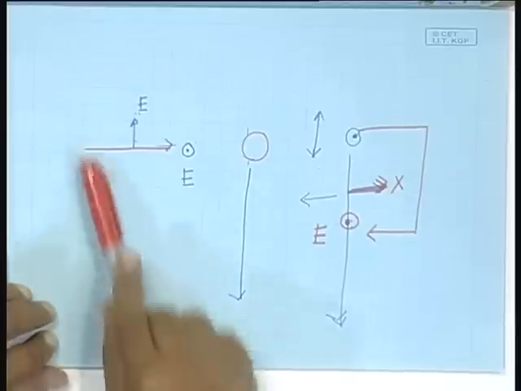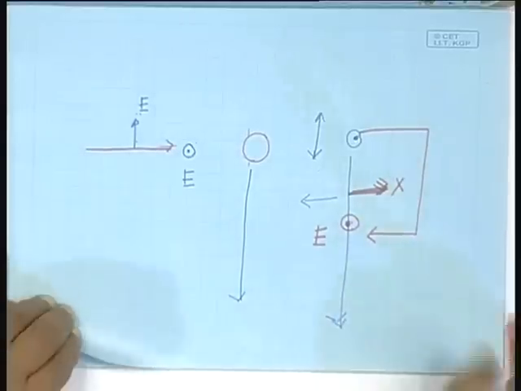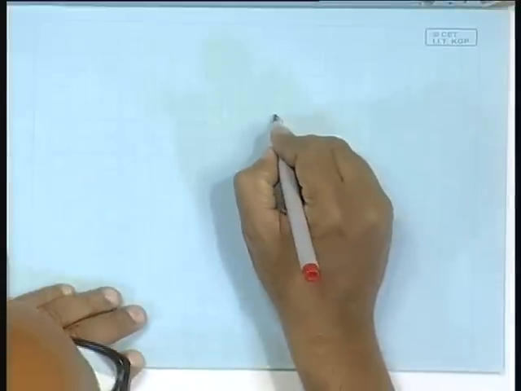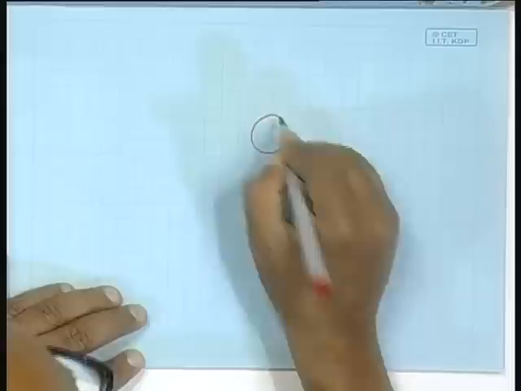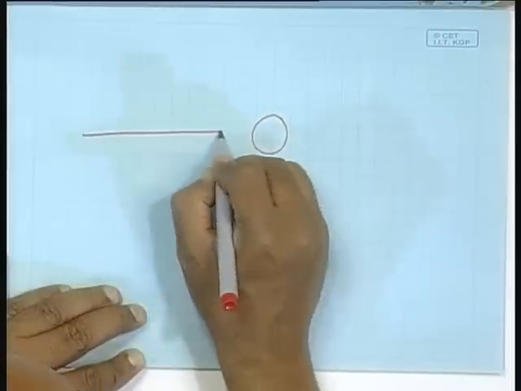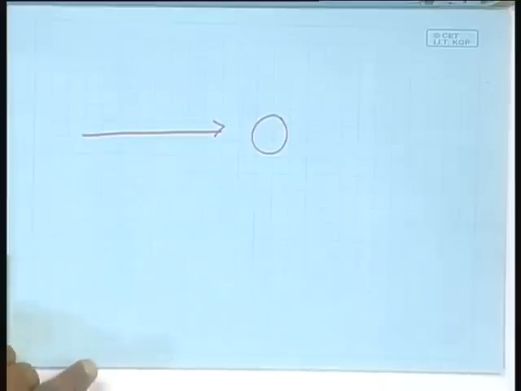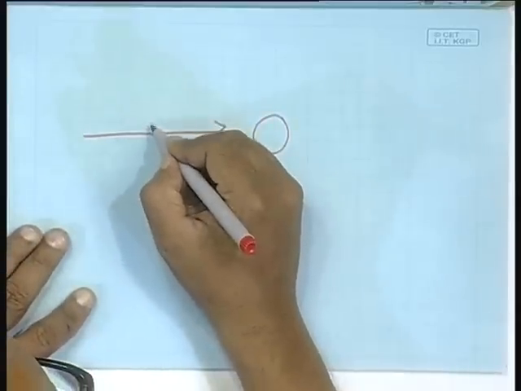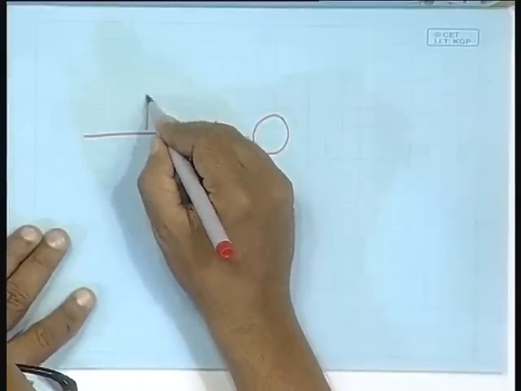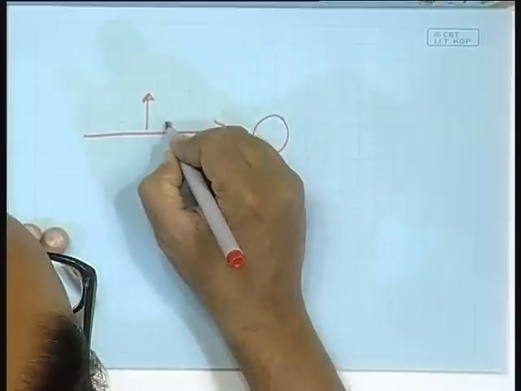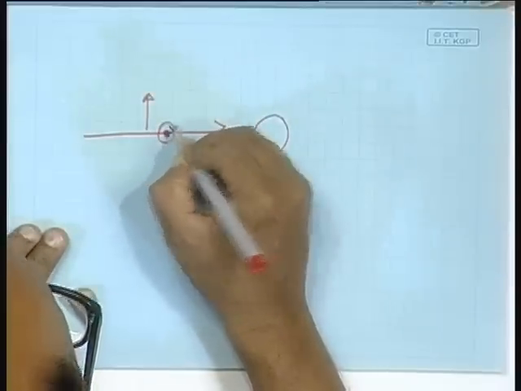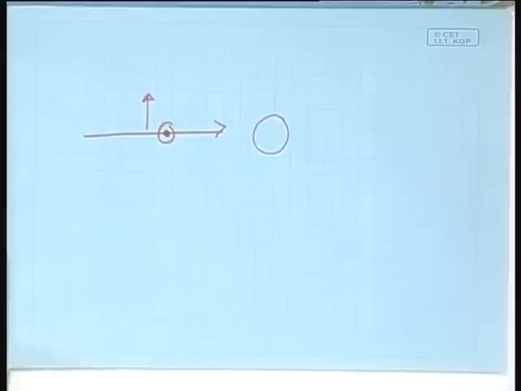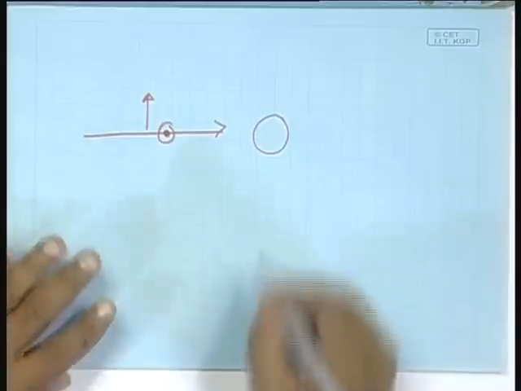So, let me summarize what I have told you here. If there is a scatterer over here on which unpolarized natural radiation is incident like this, the electric field can be in two different directions like this, and both are going to be equally present because it is natural unpolarized light.